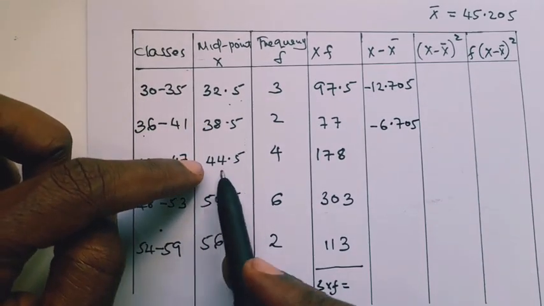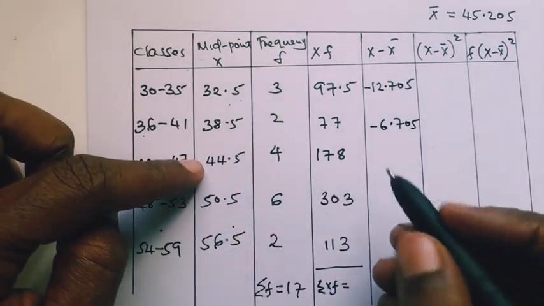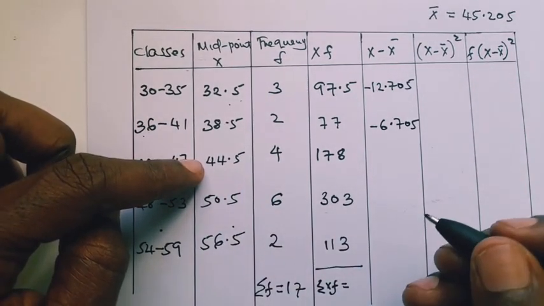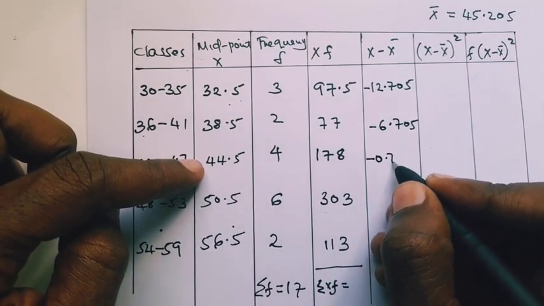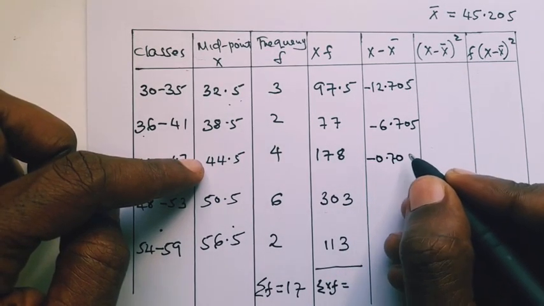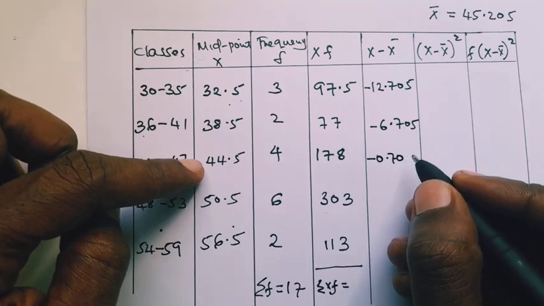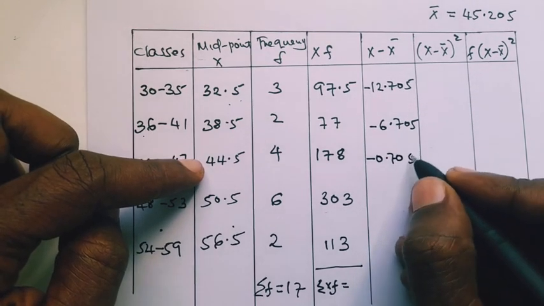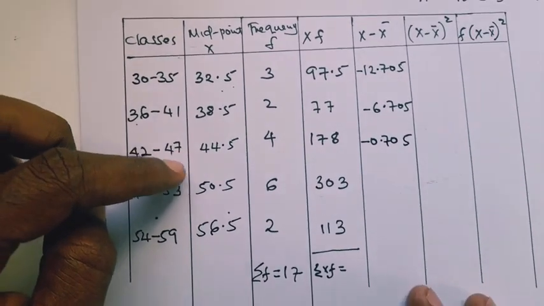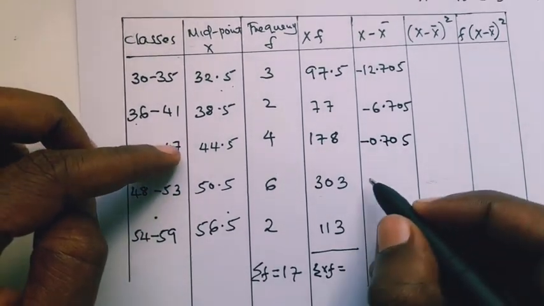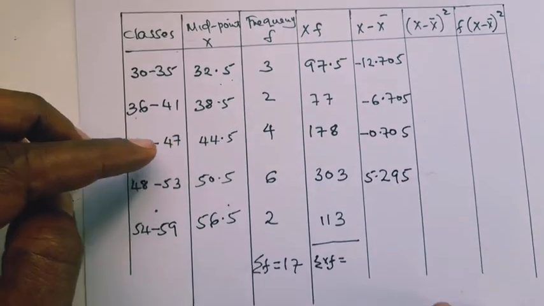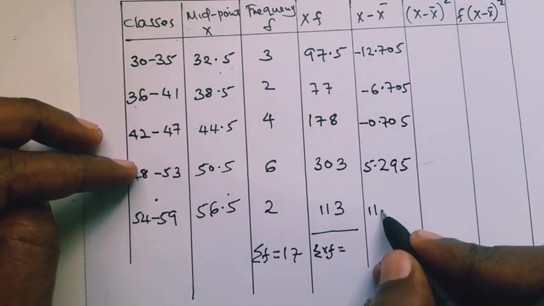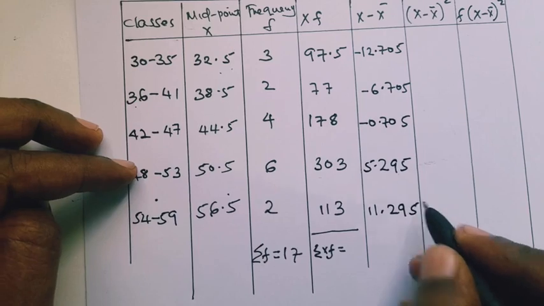Next is 44.5 minus 45.205, and the answer here is negative 0.705. And the answer for the next one is 5.295. Next is 11.295.